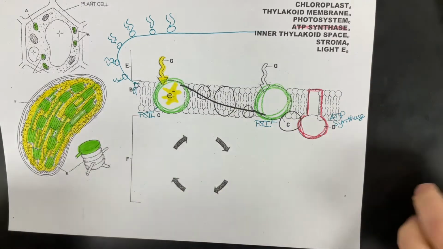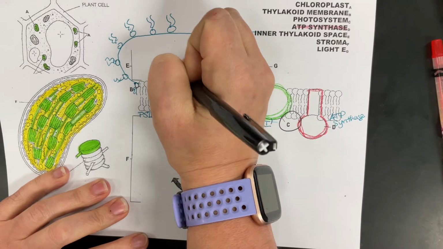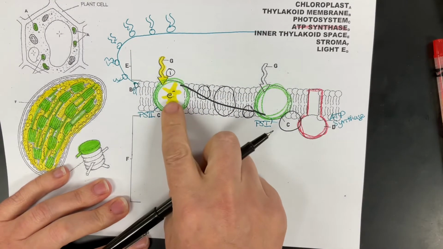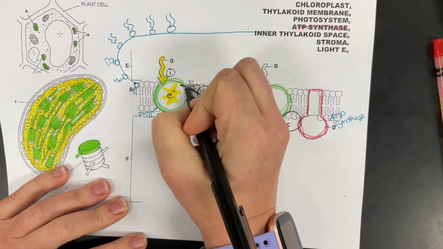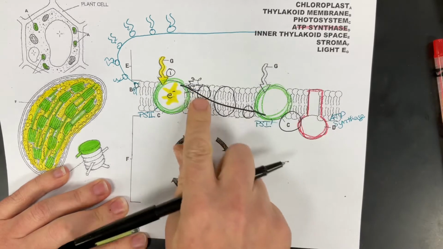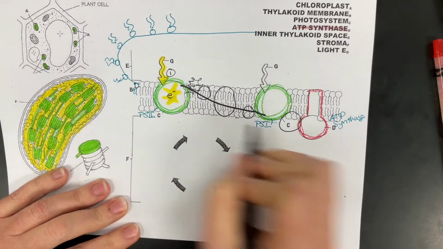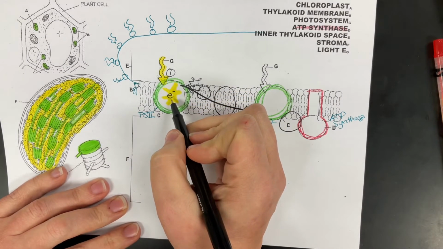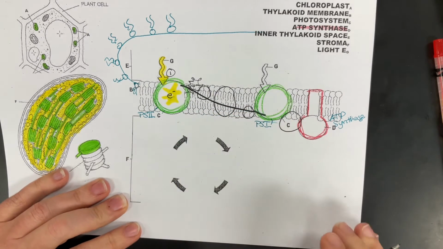So that's the first thing that happens, energizing the electrons, okay? Then these high energy electrons are going to go down the electron transport chain, okay? And we'll come back to them in a second. So the excitation of the electrons and moving it into the electron transport chain.